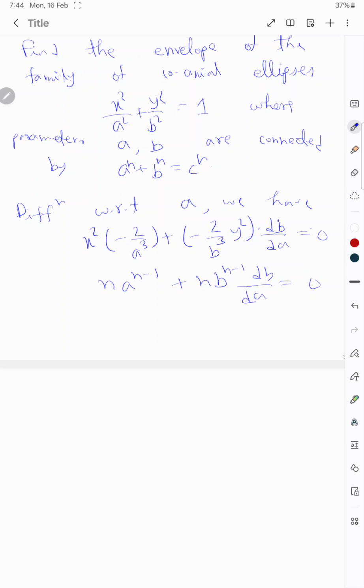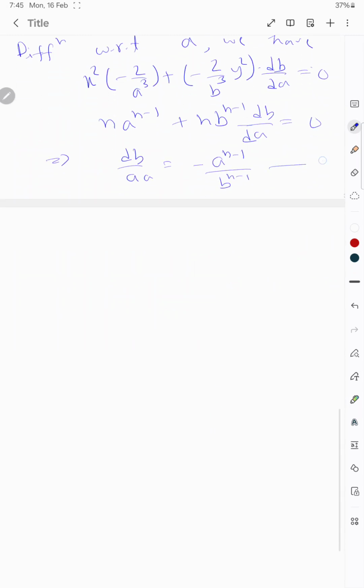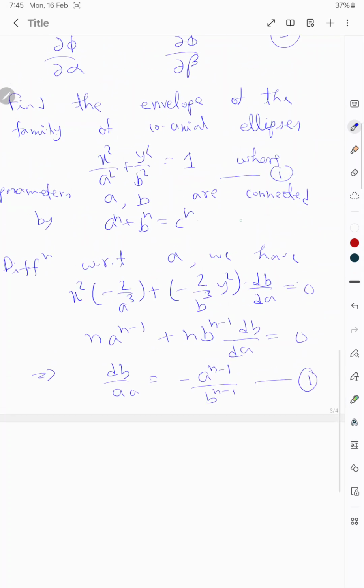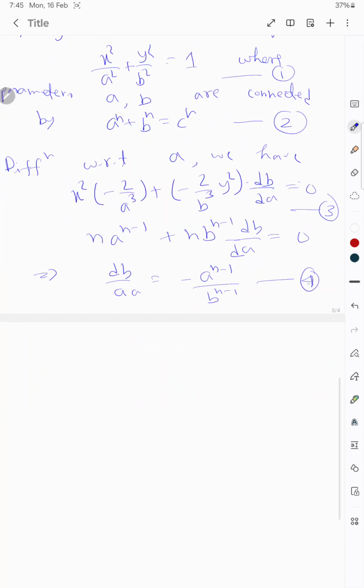Now if you eliminate db da, basically from here if you find your db da and substitute it there, what you will get is db by da equal to minus n cancels, so minus a to the power n minus 1 by b to the power n minus 1. This is your 1, this is 2, this is 3, this is 4.